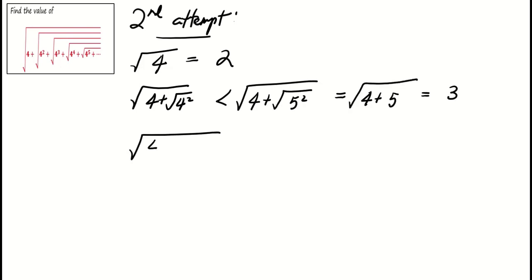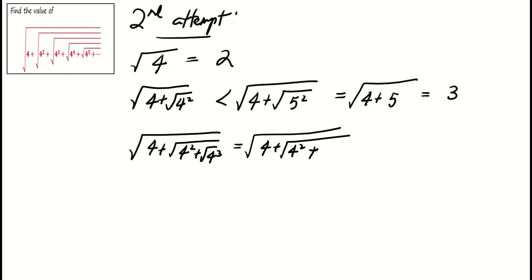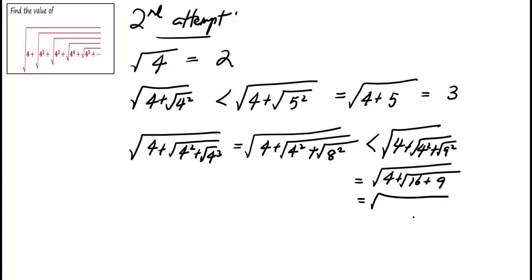Now, the third term that we want to consider is square root of 4 plus square root of 4 squared plus square root of 4 to the power 3. 4 to the power 3 is 64, but we can write 64 as 8 squared. Definitely, 8 squared is less than 9 squared. This means that the value of this expression is less than square root of 4 plus square root of 4 to the power 3 plus square root of 9 squared.